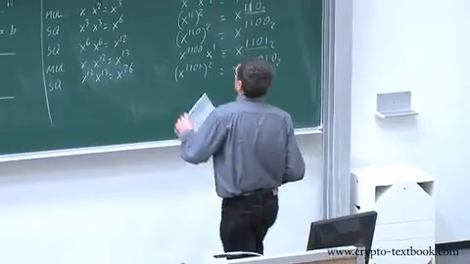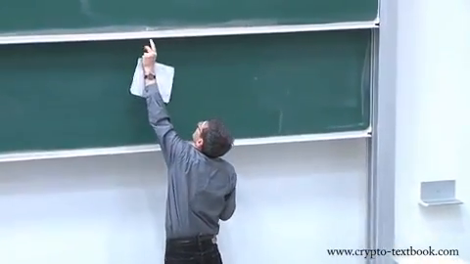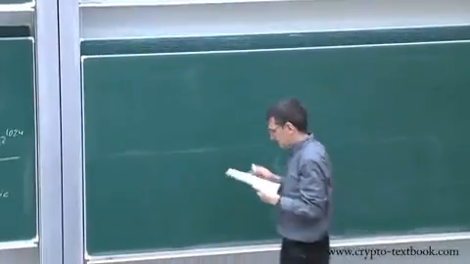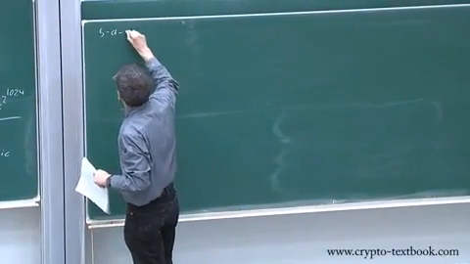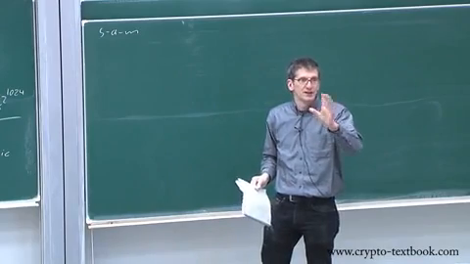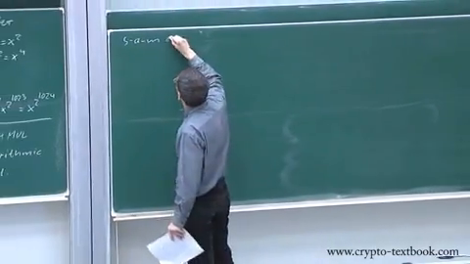Okay, so we summarize. This is a square and multiply algorithm. That's our abbreviation, square and multiply, SAM, square and multiply algorithm.